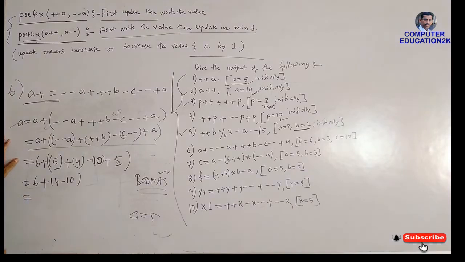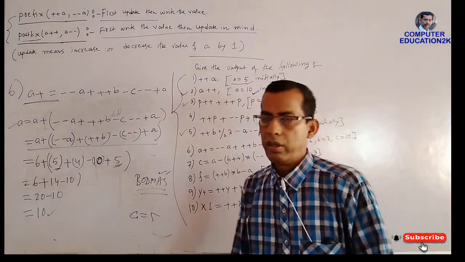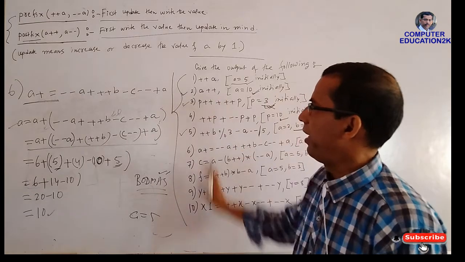Then again addition: 14 and 6, it will be 20 minus 10, it will be 10. So the output is 10. This way you can solve this expression.